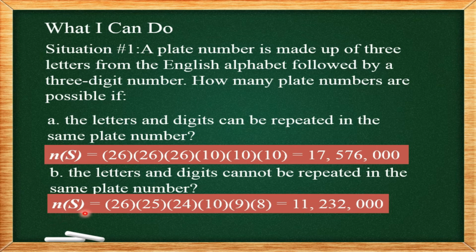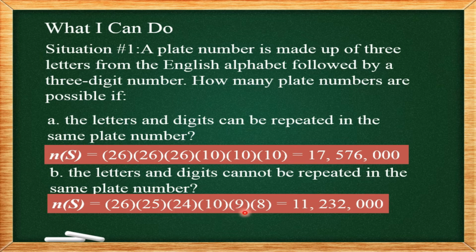Our N of S would now be equal to 26 for the first letter, because you have not taken out one yet. Then 25 because you have to remove what you have considered in the first letter already. Now in the third letter, you remove from the sample space what you have taken out for the first and second letter. Therefore, you have 24.